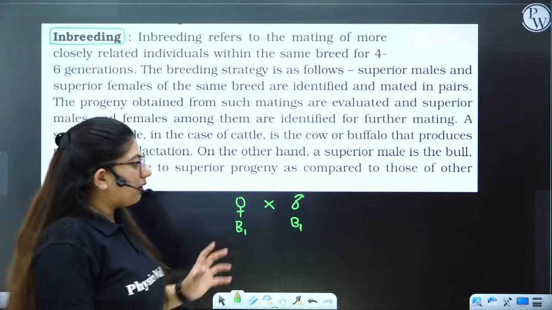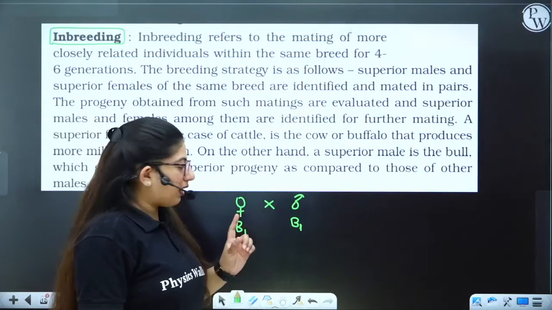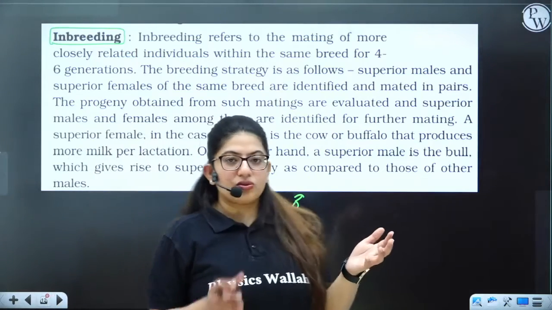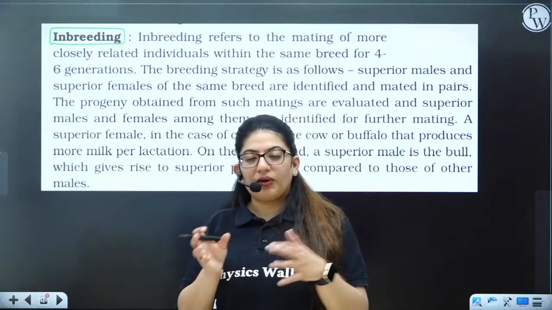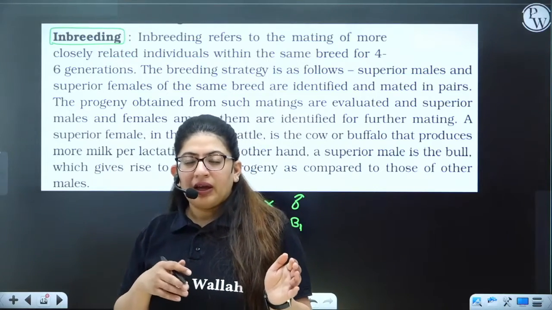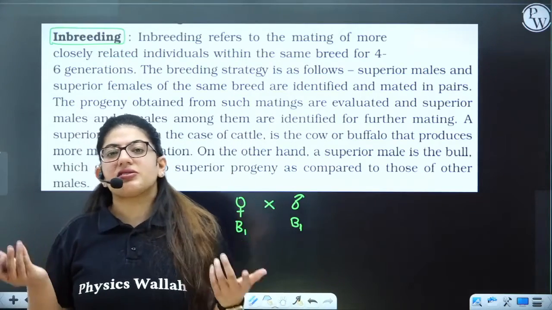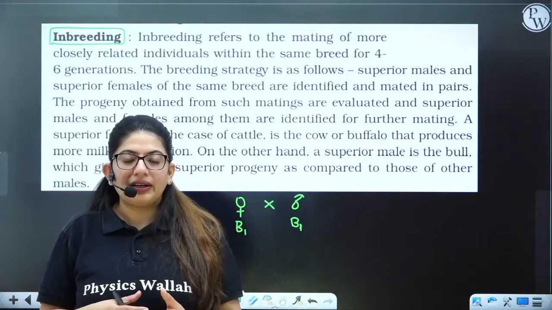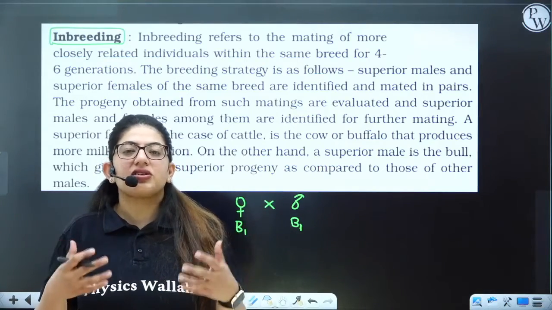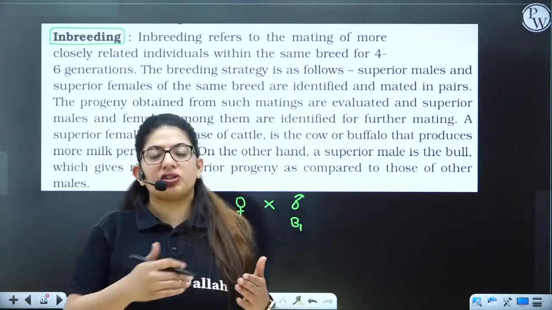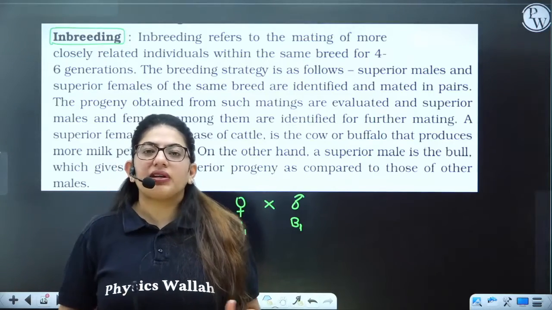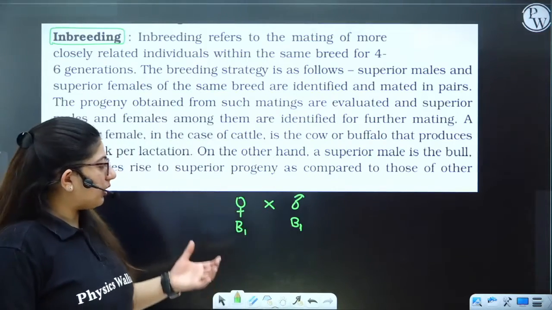For example, if I have a male and a female couple whose ancestors are the same around 4 to 6 generations back, and they mate, this is what inbreeding is.